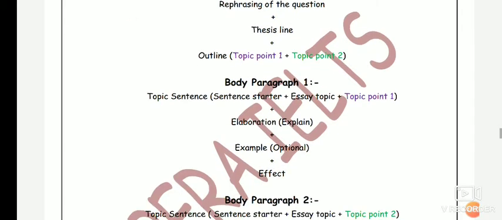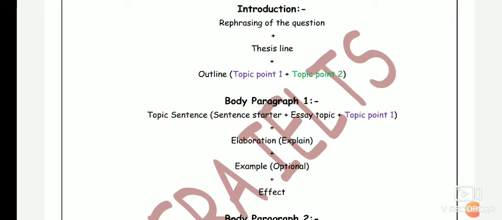As you can see in body paragraph 1, you first have to write the topic sentence. The topic sentence is a sentence starter, like initiating with or commencing with. Then you write the essay topic. For example, if the essay is regarding pollution, we can write, commencing with the different causes of pollution, the first one is the high usage of vehicles. So the topic point is the high usage of vehicles.